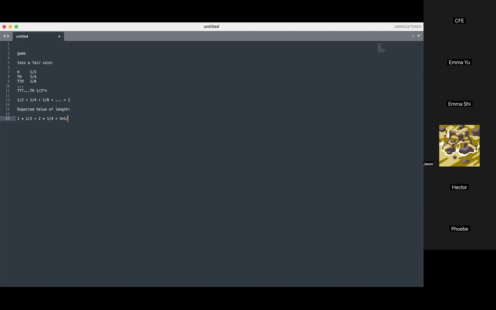Yes, 1/8, because the probability that this appears is 1/8. So we can continue like 4 times 1/16 plus dot dot dot. So then what is the value of this, right?